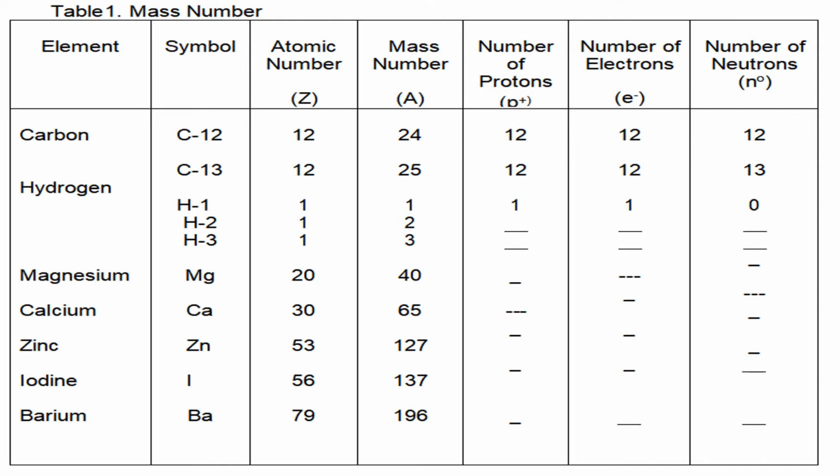Carefully analyze, and please don't forget to write your answers in your notebook. You can pause the video for a while so that you have enough time to think and analyze what is asked in the given table.